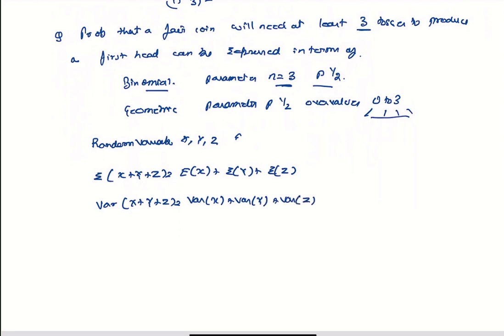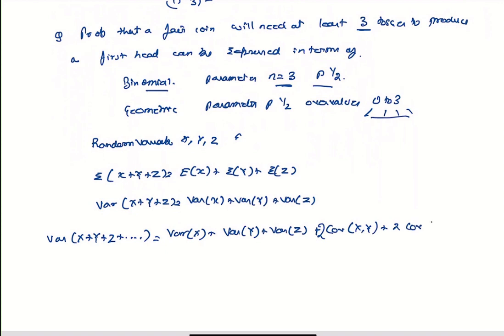But if they are not independent, then variance of x plus y plus z will be variance of x plus variance of y plus variance of z plus 2 covariance of x y plus 2 covariance of x and z plus 2 covariance of y z.